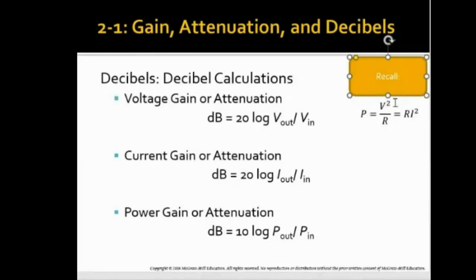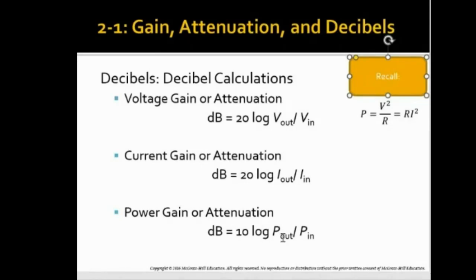That's why this square in logarithmic form comes to the front, and we have 2 times 10, which is originally 10 times log of P out over P in.